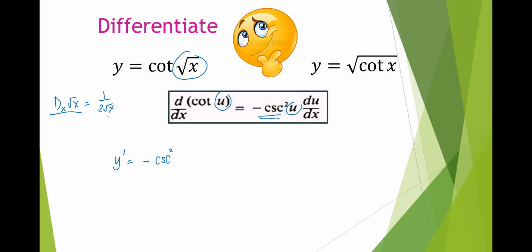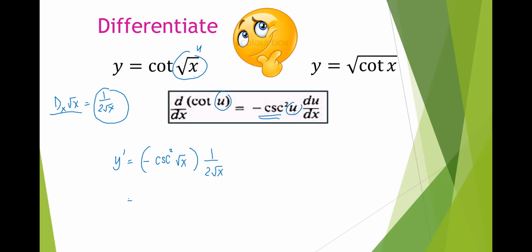I don't need to write this first, no? Ito muna dapat. So, si square root of x muna. Yan, dapat yung u muna, kakopy natin. And then the next factor will be the derivative of this u. So, ang u natin is square root of x. So, this is the derivative. Si 1 over 2 square root of x.